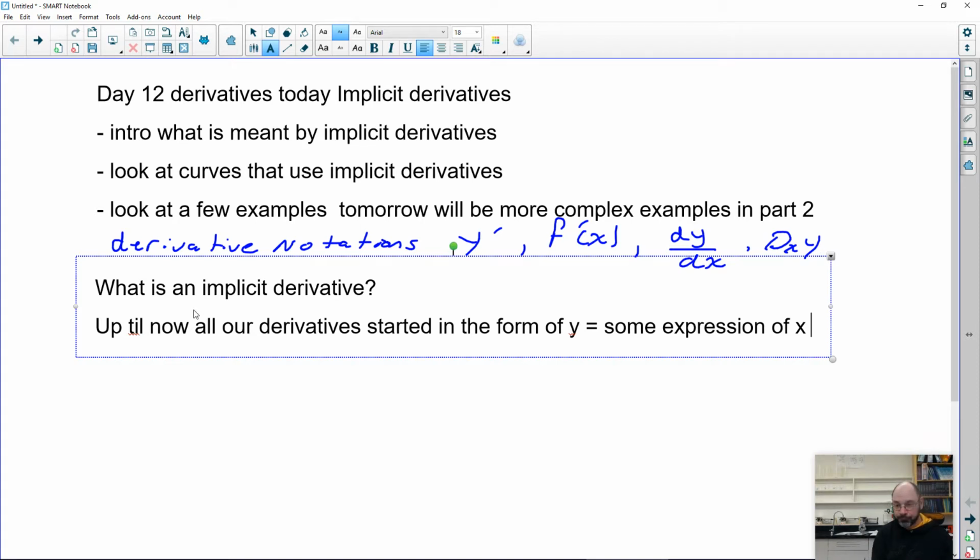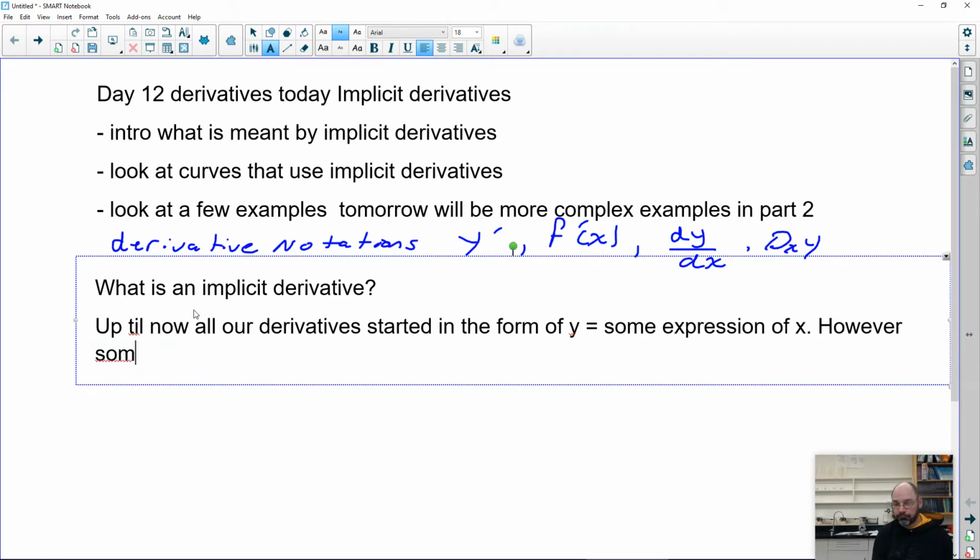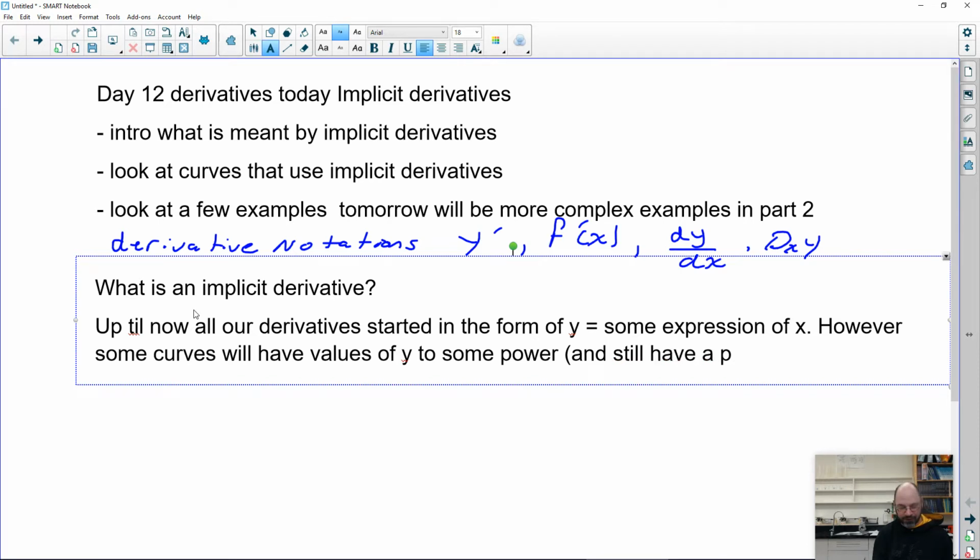However, some curves will have values of y to some power and still have a possible tangent line.